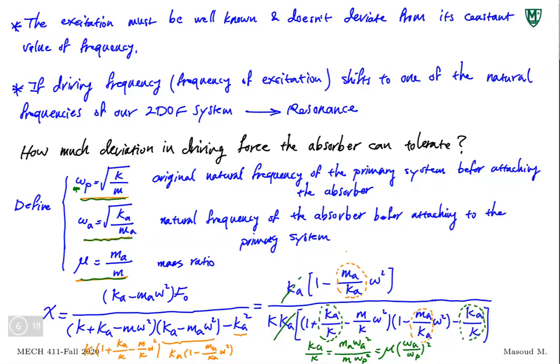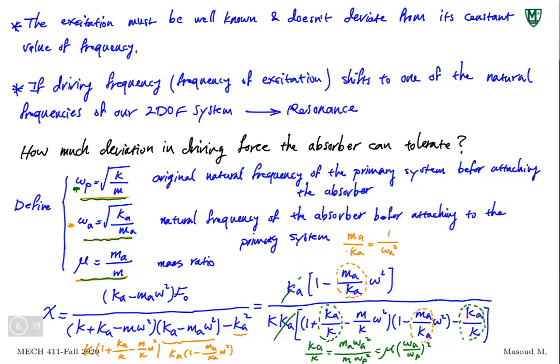Now for ma over Ka, what can I do there? Well, let me write it here. ma over Ka, I can get it from this relationship. This term I defined as the natural frequency of the absorber before attaching to the primary system. If you square both sides, ma over Ka would be 1 over omega a squared.